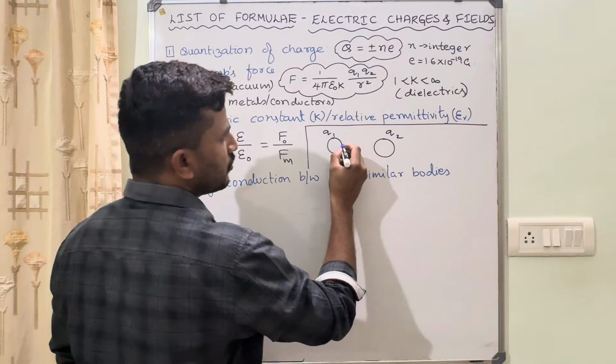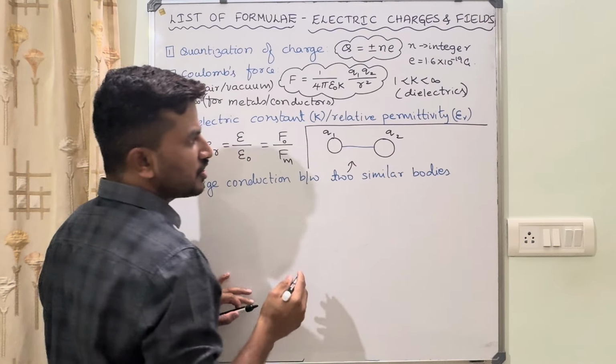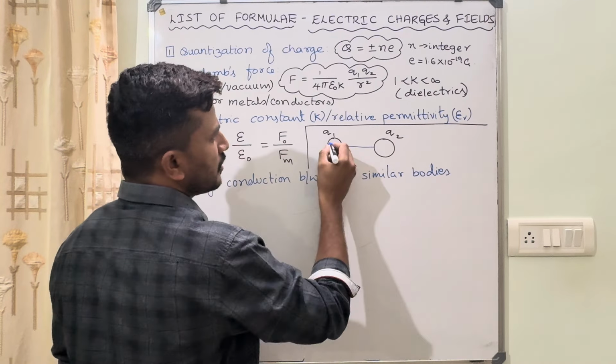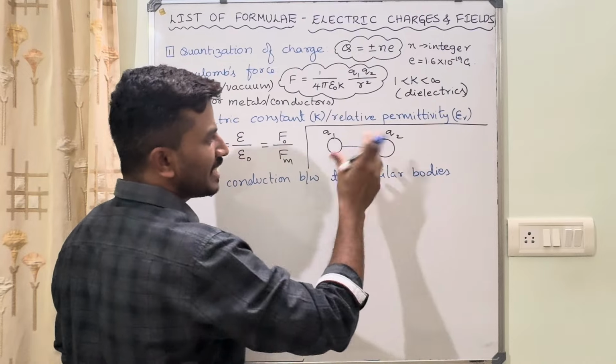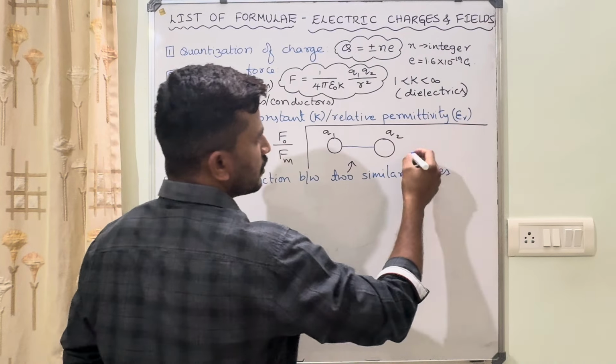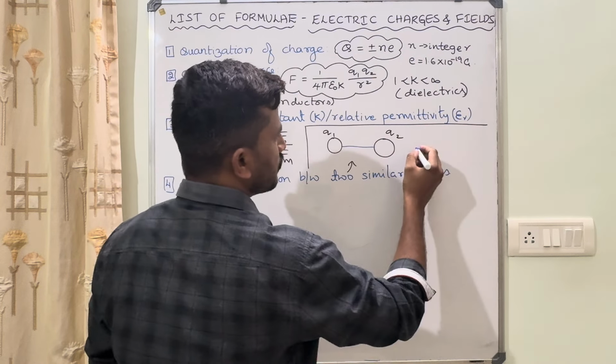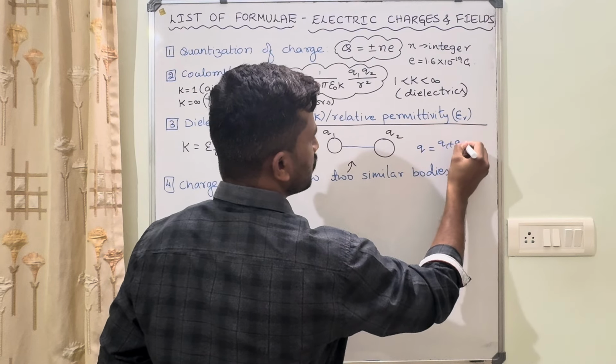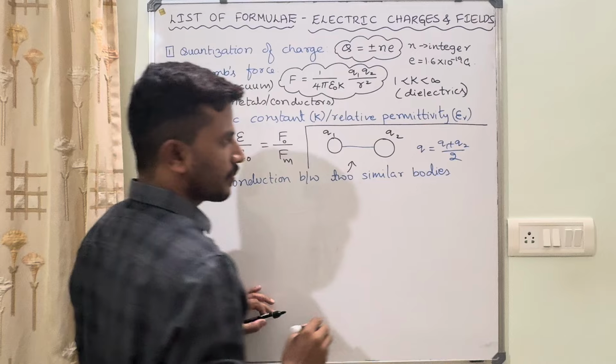When they are allowed to touch each other through a contact material or a metal, what happens? Charge from this one and this one, they get distributed. So the final charge will be how much? The final charge is given by Q is equal to Q1 plus Q2 divided by 2. Okay.